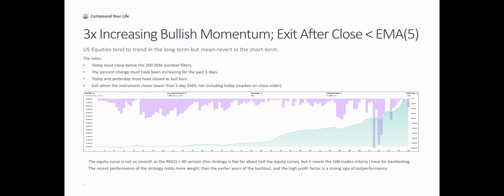And so to me, this is something that might actually be a more realistic edge, a realistic strategy. And this is something that, especially because of its recent performance, which has been very good, I would consider trading in the market. And I do trade a variation of this in my portfolio of SPY strategies.